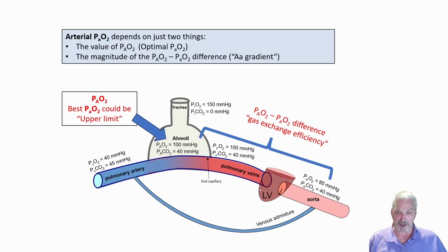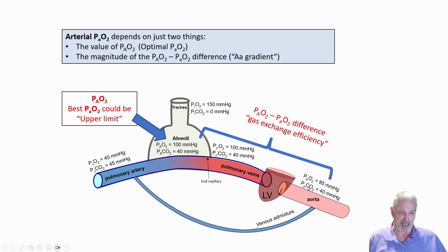which is the oxygen content at the plateau of the dissociation curve. So really it helps to look at our independent variable here, the arterial PaO2, the arterial oxygen, which we're measuring over here in the aorta or the large arteries, as being dependent on only two things: the PAO2, that is, how much oxygen is in the alveolar air, because that's where it's coming from, so it represents the best it can be, or an upper limit, if you will, and the AA difference, which measures how efficiently the gas exchange surfaces are working.